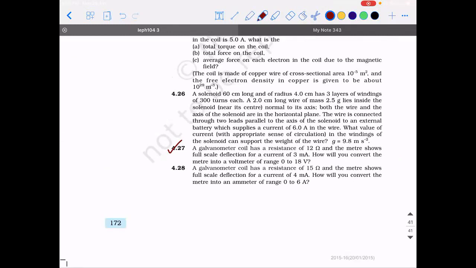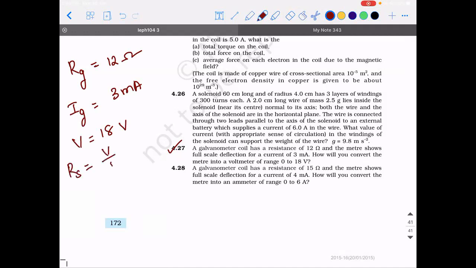You have a galvanometer coil that has a resistance of 12 ohm, and the meter shows a full scale deflection for a current of 3 milliampere. How will you convert the meter into a voltmeter of range 18 volt?